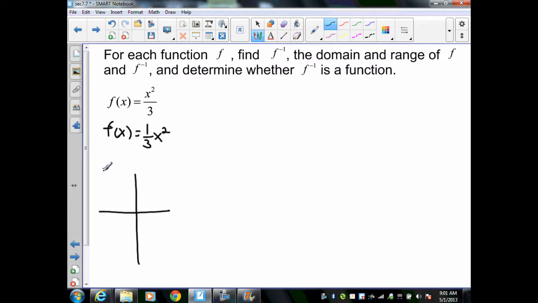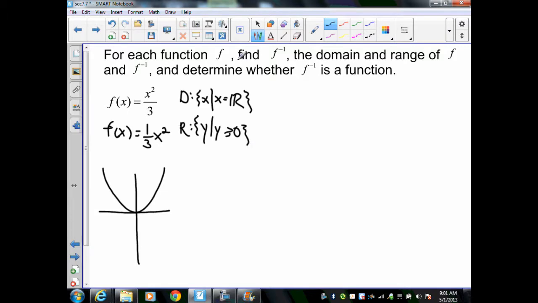So I know I'm going to have a U-shaped graph at the origin. Since that's true, I know my domain, or my x values, are x equals all real numbers. My range, or my y values, are y such that y is greater than or equal to 0.